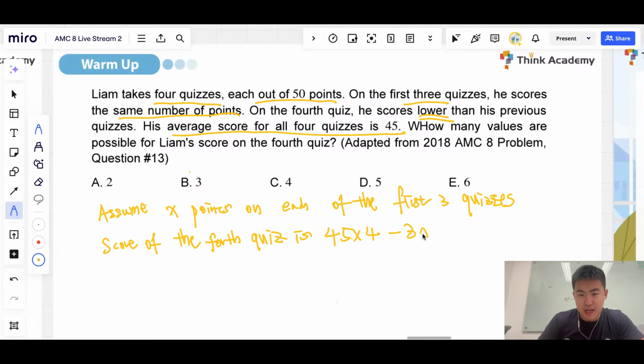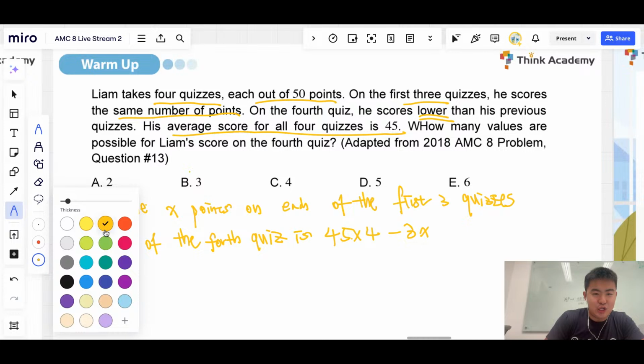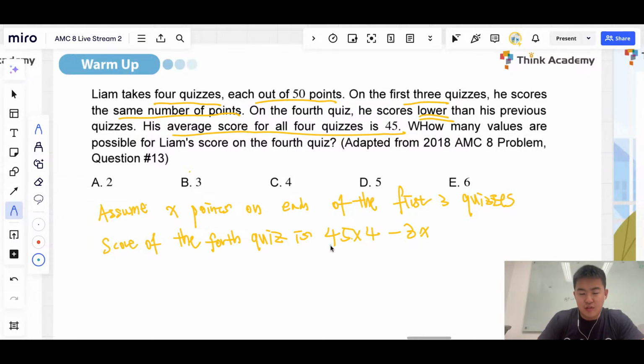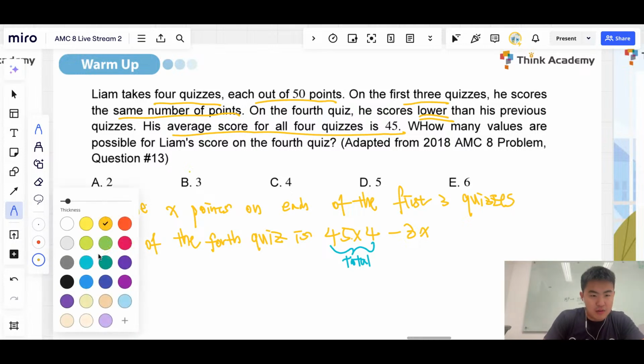Let me make the notation clear, I'll use blue. 45 here is the total for the 4 quizzes. That's 1. Now let's go back to our problem solving.